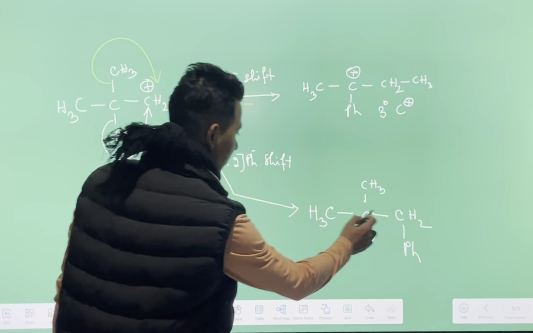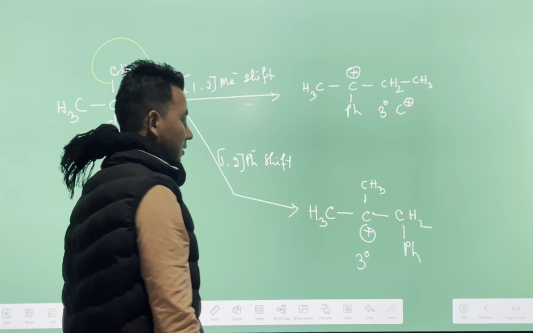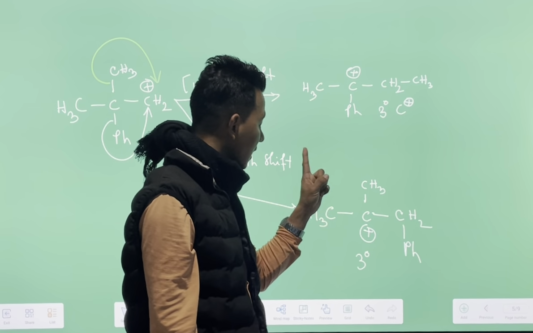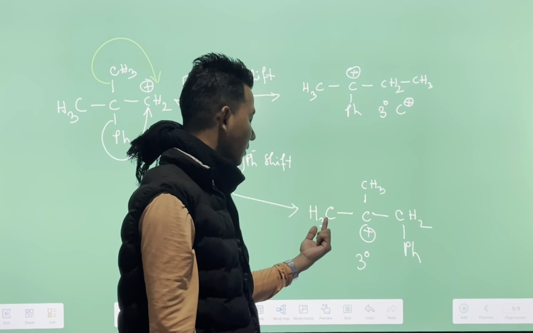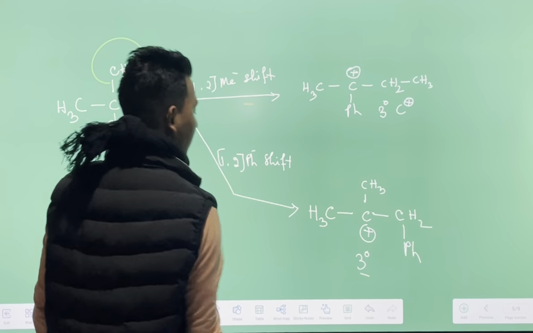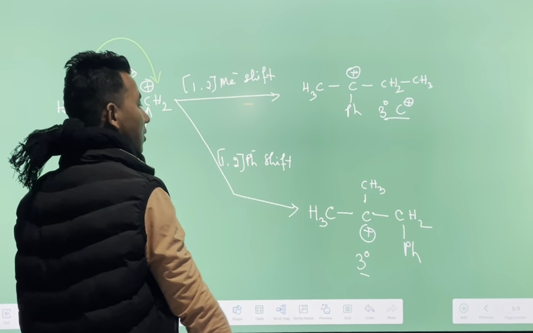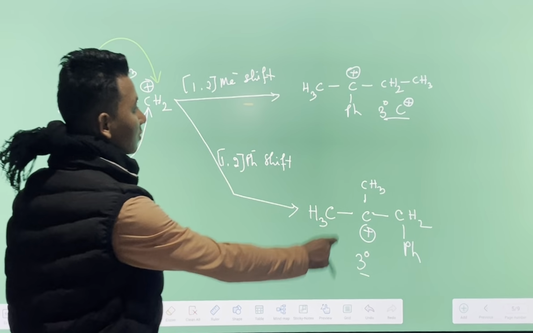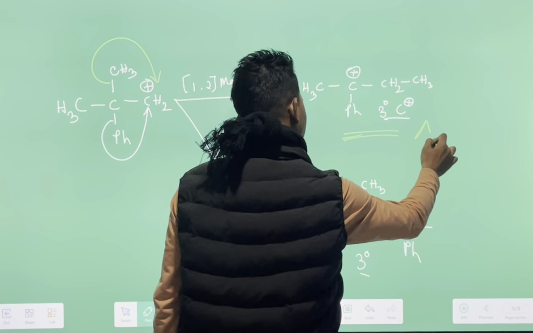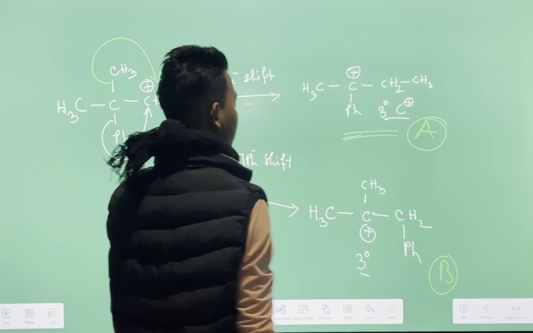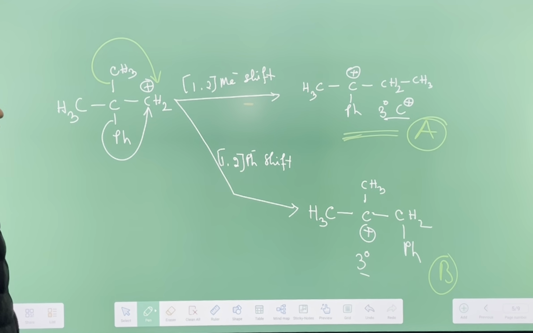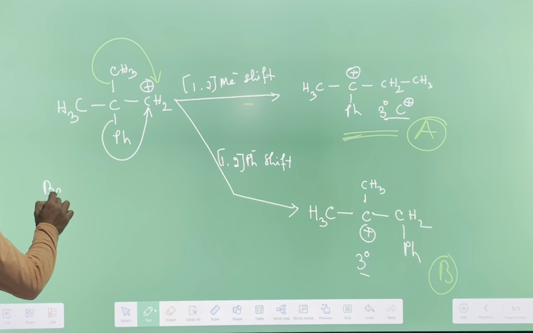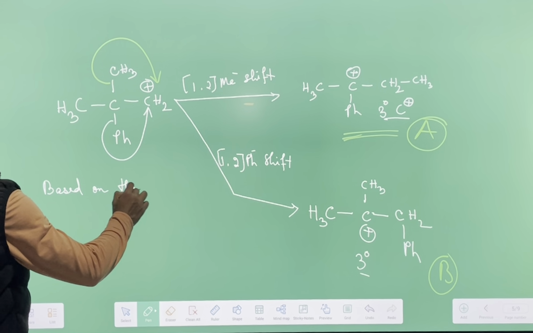This is also a tertiary carbocation because this positively charged carbon atom possesses 3 carbon atoms. Both of them are the most stable form of carbocation. But as compared between this A and B species, how are we going to identify the most stable carbocation? Based on the migratory aptitude.